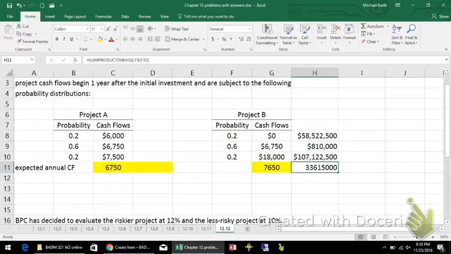But I don't really want the variance, I want the standard deviation. So raise that to a half power or take the square root, either way.